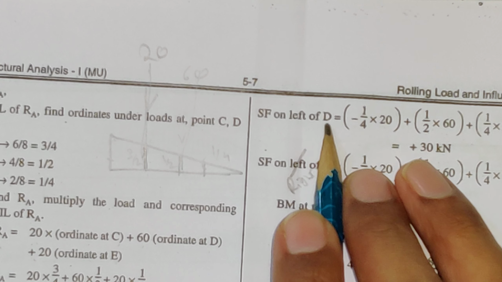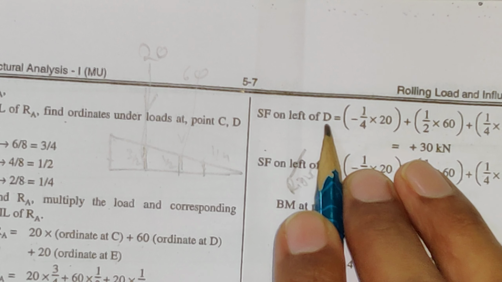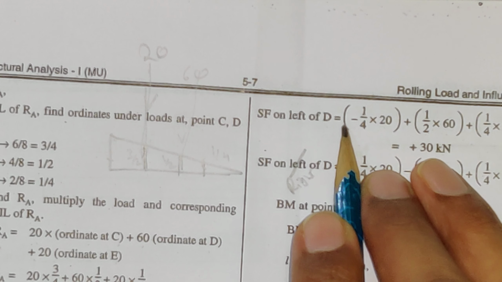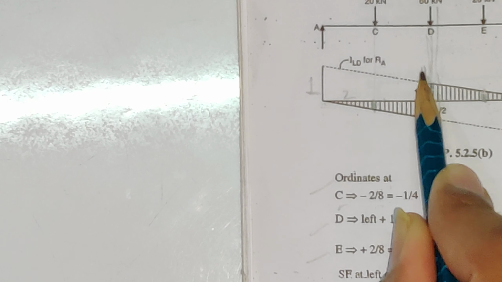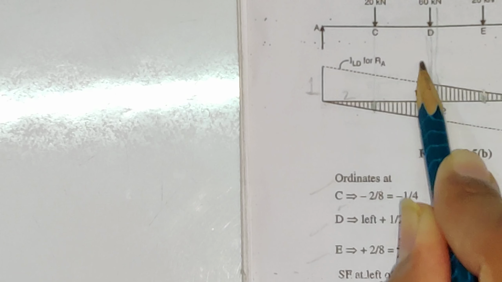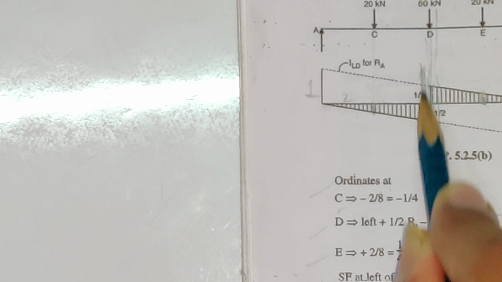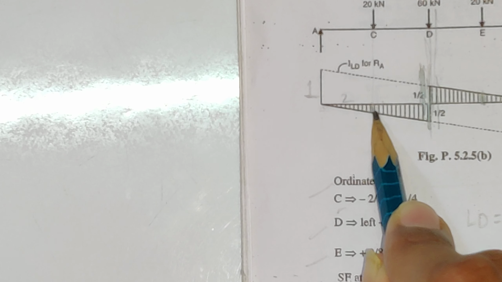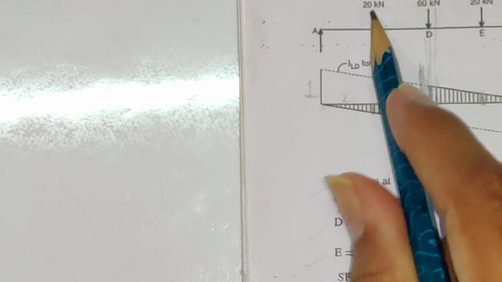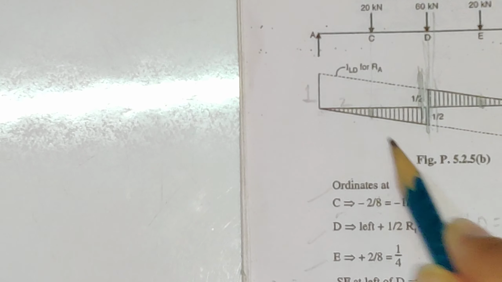force on the left of D is equal to, see here, shear force on the left of D, here we consider a section, right? So shear force on left of D, what we will consider, that is minus 1 by 4 into 20, this 20 into minus 1 by 4, this height, right?